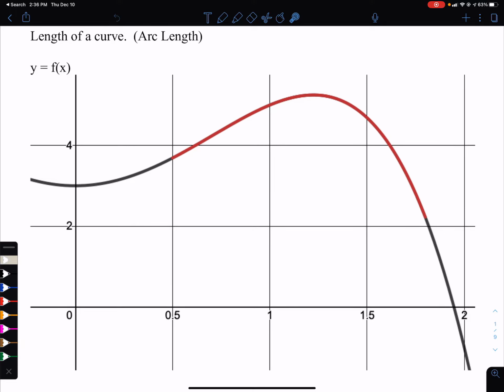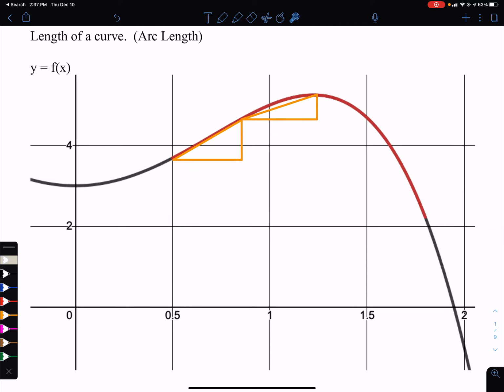So we are going to approximate the length of this curve by doing a bunch of triangles, basically Pythagorean Theorem, multiple times. So if I were to make a triangle here, I think you would agree this hypotenuse is approximately the length of that piece. We're going to do it again here, and again, this approximates that.